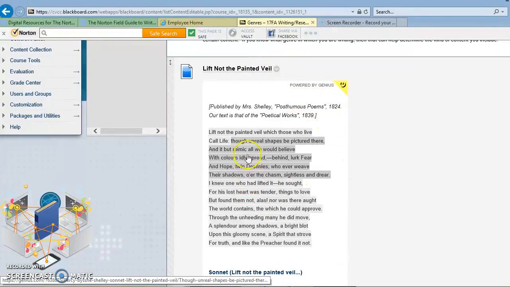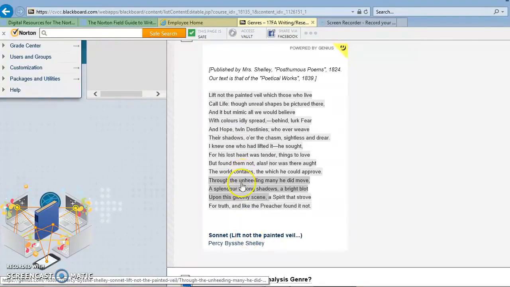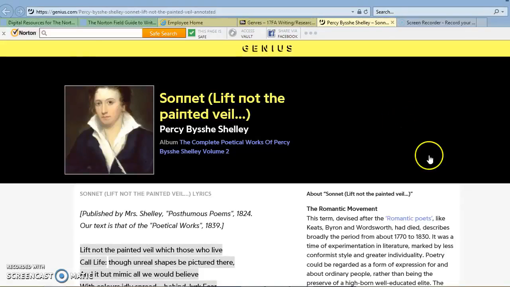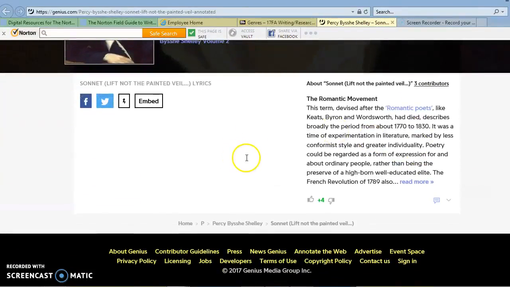After you mark this as reviewed, I have embedded a link to a website called Genius that takes you through these chunks of phrases and will help you. It explains a lot of the text.